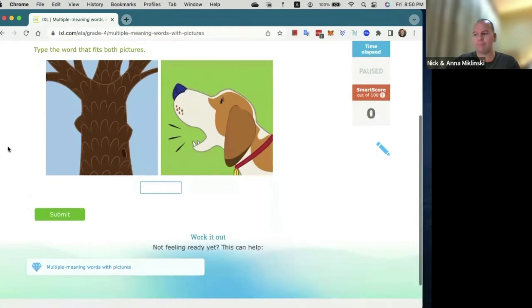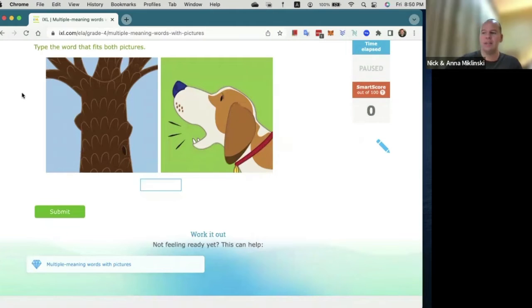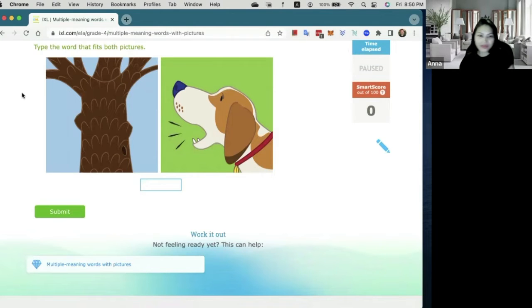So here's the first one. What fits both of these pictures? What is a tree? The stem of a tree is called, what do we call this? What do we call it on the outside of it? The brown part. So I think for me, in case I have a low level of English, I might look at the dog, right?